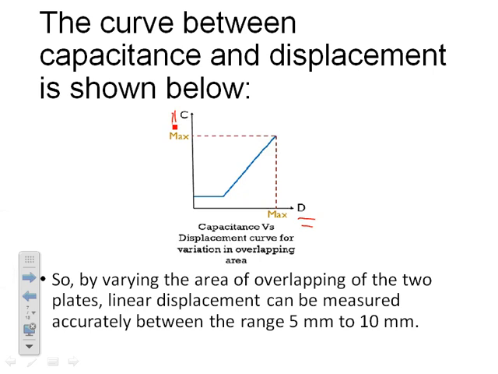By varying the displacement, that is the overlapping area of the plates, the capacitance changes. The linear displacement can be measured accurately in the range of 5 millimeter to 10 millimeter. This graph represents the relation between the displacement and capacitance of the capacitor.